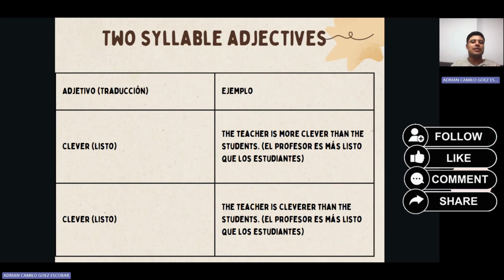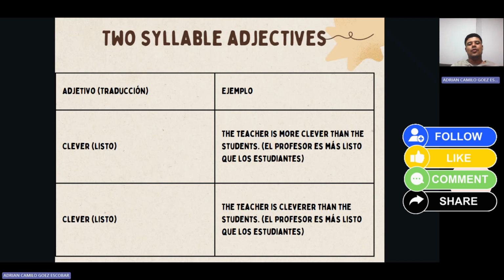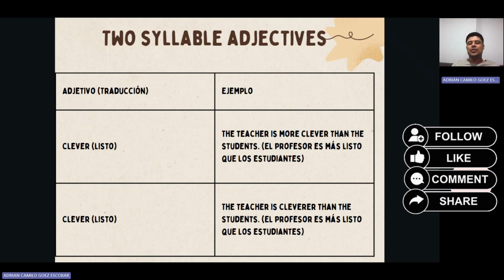The rule that applies to a two-syllable adjective depends primarily on how the word ends. Adjectives ending in y: this is the strictest rule for two-syllable adjectives. The y is changed to i and "er" is added.